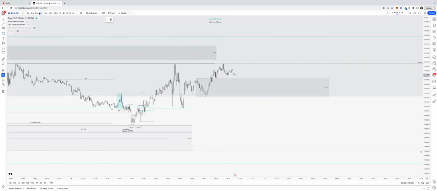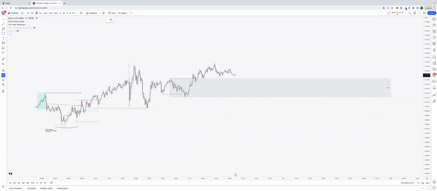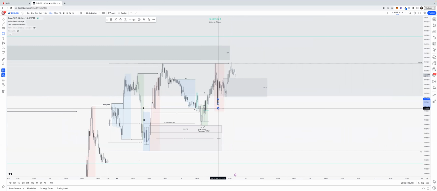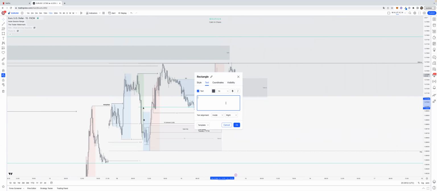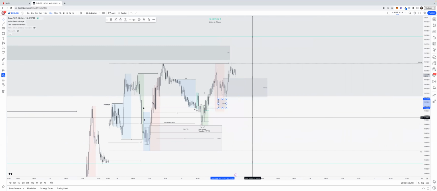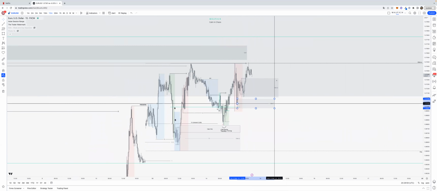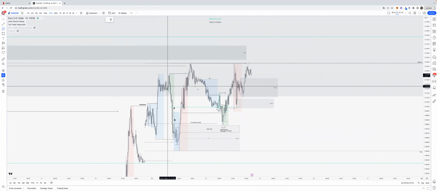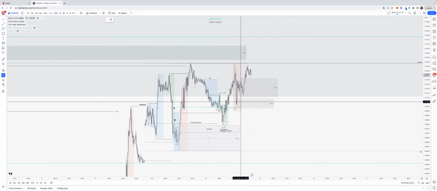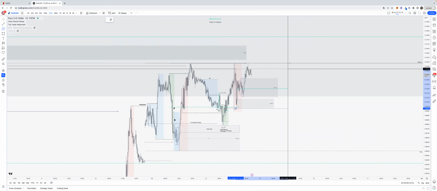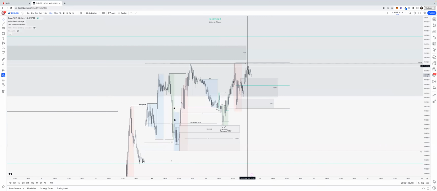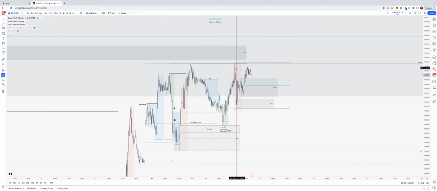Go lower, what can we see? Not the cleanest though. So we just go for a PY 15-minute POI. So that's our extreme. This is our decisional broken off here. So we could say like this is our structure, and that's only if we count this as a break.